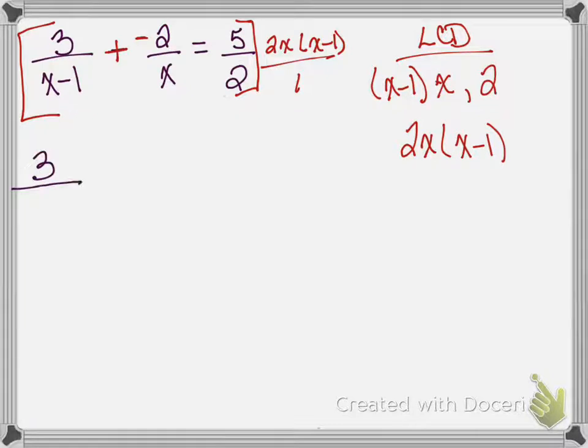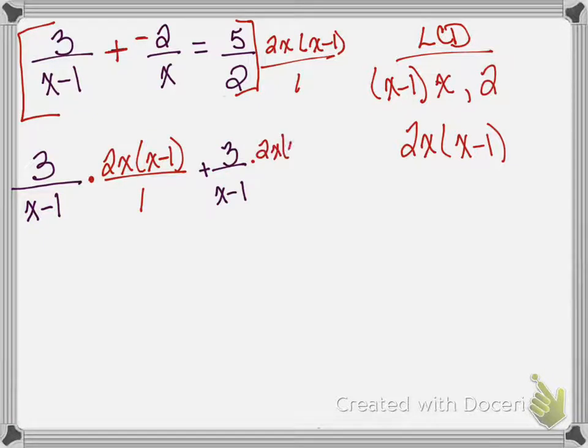So 3 over x minus 1 times 2x times x minus 1. Okay? That's going to be plus 3 over x minus 1 times 2x times x minus 1.